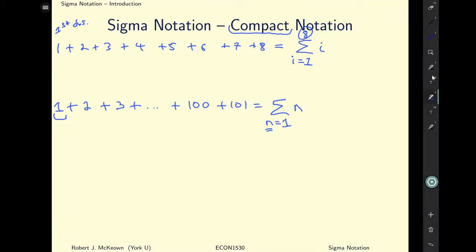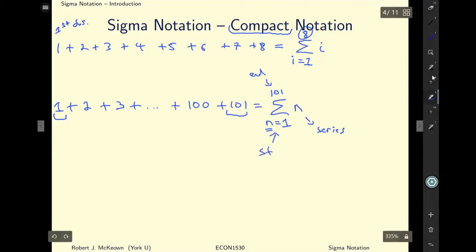That's where we're going to sub in the values for n. This is my series. And where do we end? Well, we're going to sum all the way up to 101. And so I'm going to put 101 for my end point, and I've got 1 for my starting point.